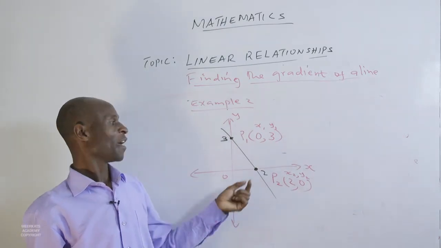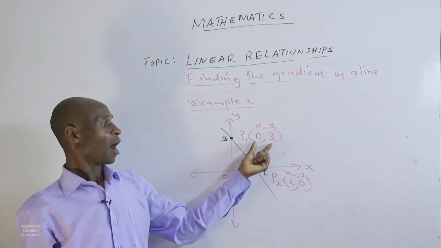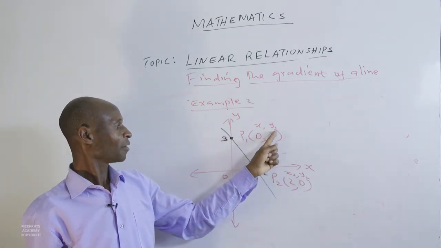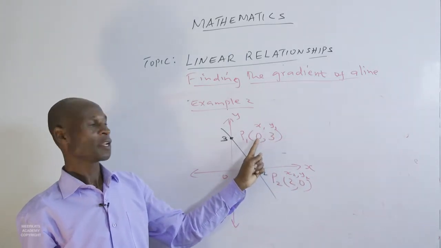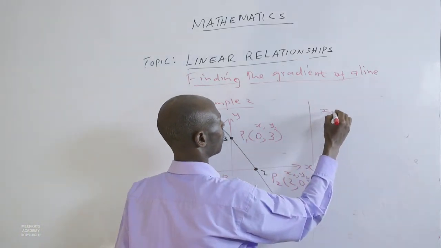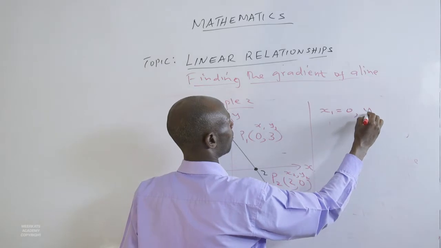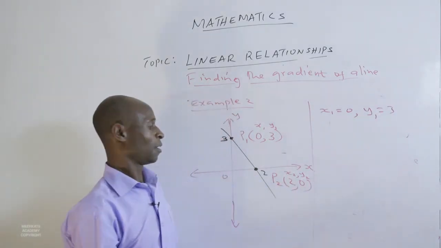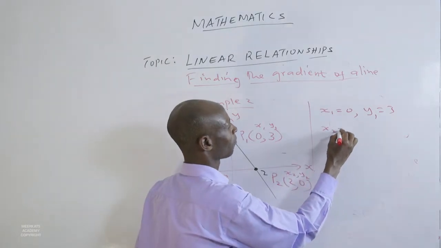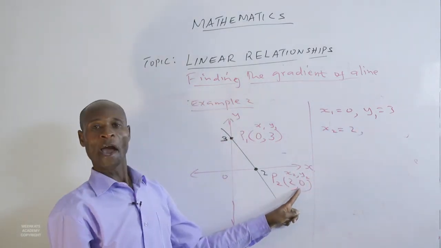That means that our y1 is 3, our x1 is 0. Our x2 is 2, our y2 is 0.